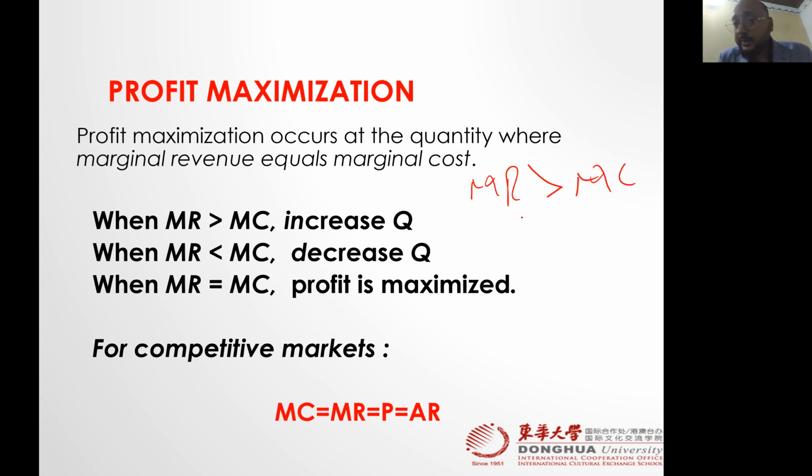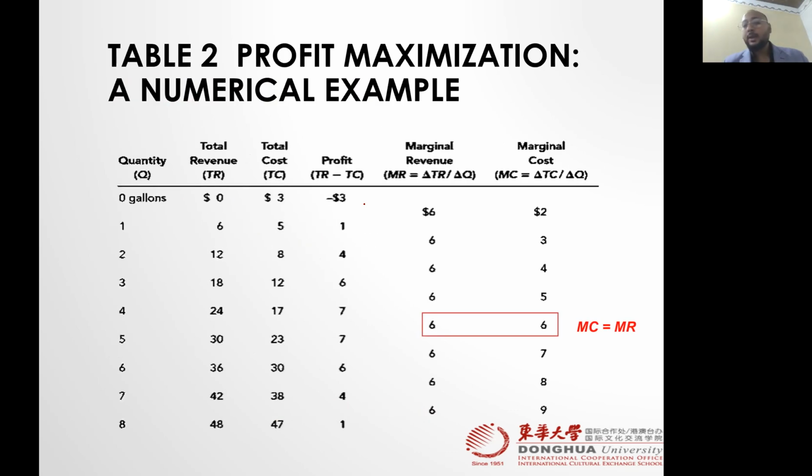If MR is greater than MC, increase the production. If MR is greater than MC at every level here, you see something? MR greater than MC, MR greater than MC.